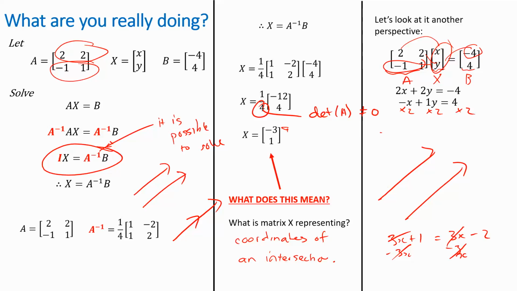Repeat after me: if the determinant of A equals 0, it means inverse does not exist. Let's say it again. Inverse doesn't exist. Go. Good. Inverse doesn't exist when? Say when. Good. Determinant equals 0.